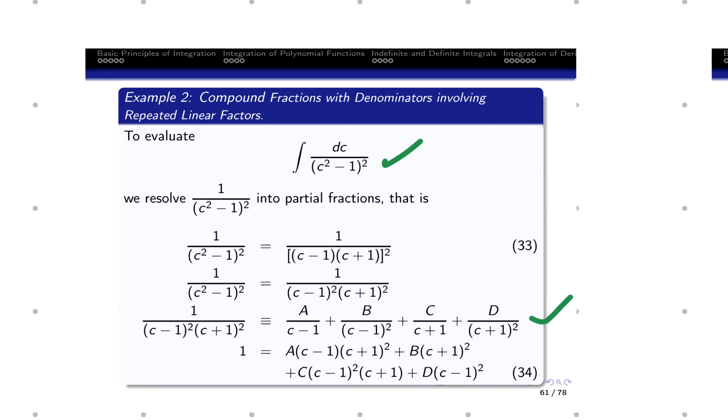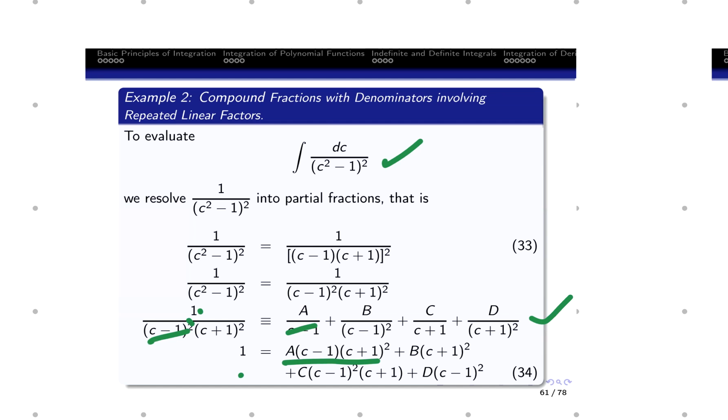Okay. So here, since we have this sorted out, of course, usually this would be the LCM, with which you can multiply through. So if you multiply through by this, you get automatically 1 here. If you multiply by c minus 1, c minus 1 cancels one of these, and that's why you have A into (c minus 1) (c plus 1) squared. (C minus 1) squared cancels (c minus 1) squared, so that's why you have B into (c plus 1) squared.